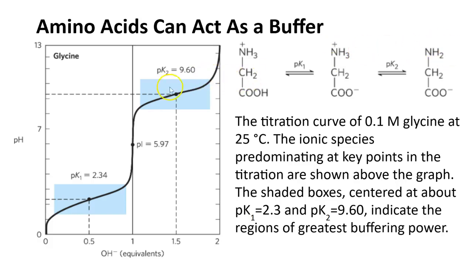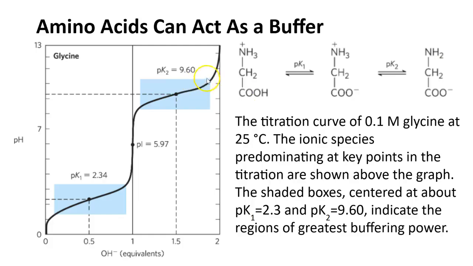And at the pKa2, you have an equilibrium of the net zero form of the amino group, and when all of the amino group is as deprotonated as much as possible, that is this point right here.